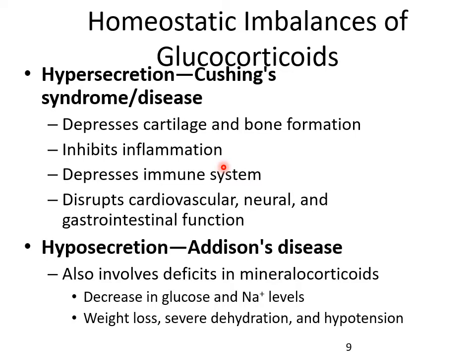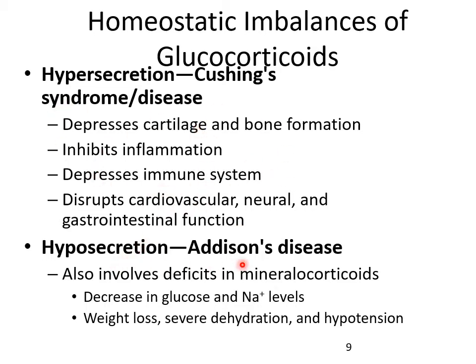And when we get to chapter 21, you'll see that the inflammatory response is critical in warning the body that there is a problem. The inflammatory response is really like the body's SOS signal. It depresses the immune system, and it disrupts just about every system of the body: cardiovascular, neural, gastrointestinal function. So too much cortisol, a problem.